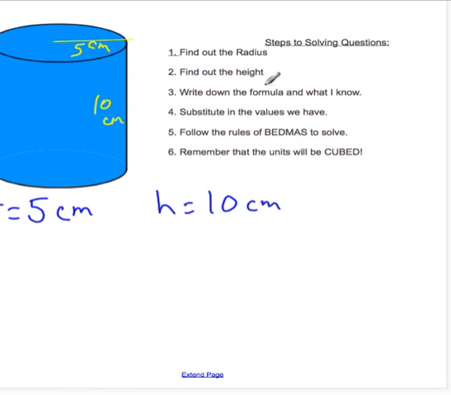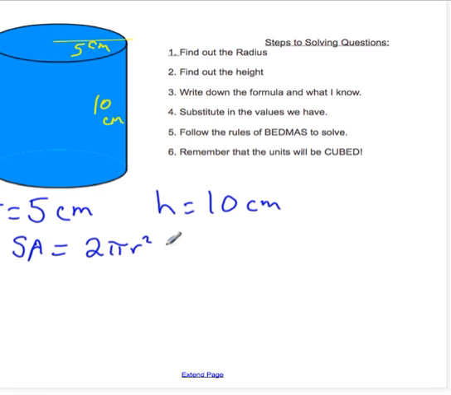So it says to write down the formula and what I know. Right now I have the items I know here, so I need to write down my formula for surface area. Surface area equals 2 times pi times radius squared. And it's 2 because there's 2 circles, and pi times radius squared is the area of each circle.